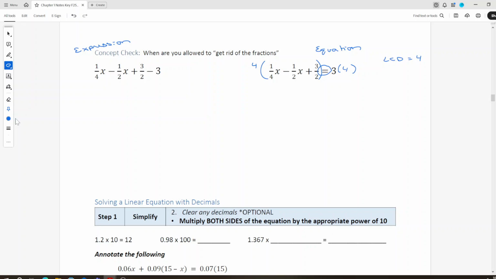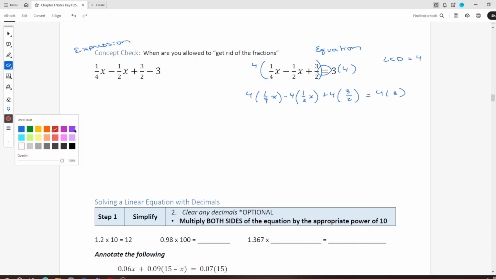I could do this and I would get 4 times 1/4 x minus 4 times 1/2 x plus 4 times 3/2 is equal to 4 times 3. I'm allowed to do that because I'm keeping it equal. Left side still equals right side. I'm trying to find the value of x that's going to make this true.